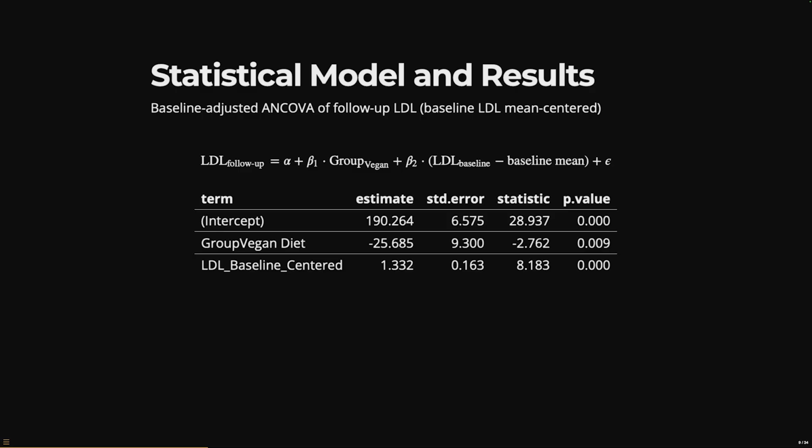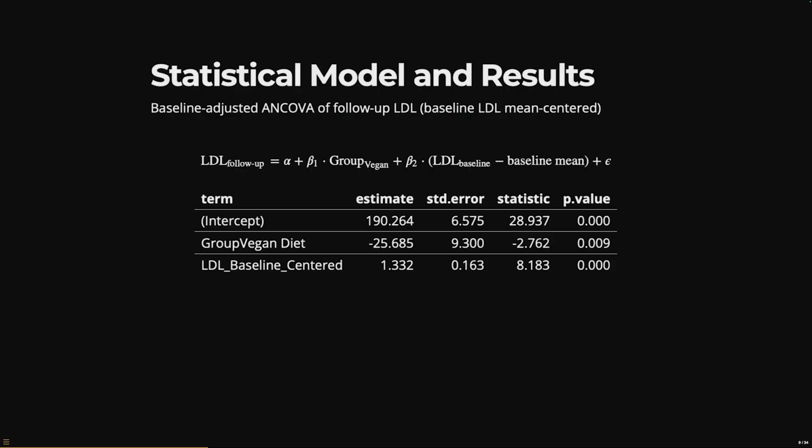What is the minus 25? That means that on average, if you're in the vegan diet group, you have a 25-point decrease in LDL compared to the non-vegan diet. Okay. Gotcha.